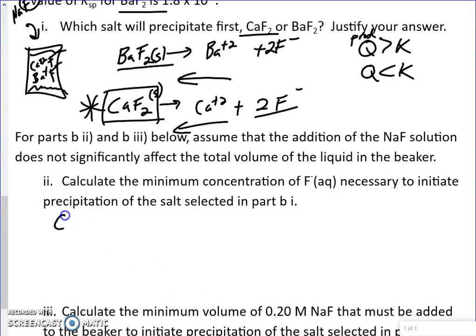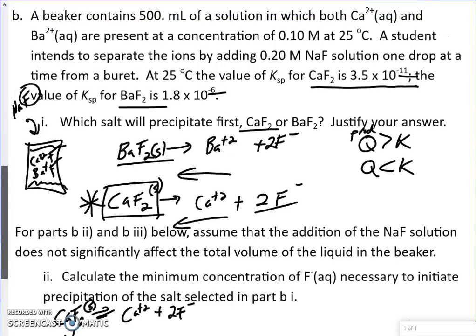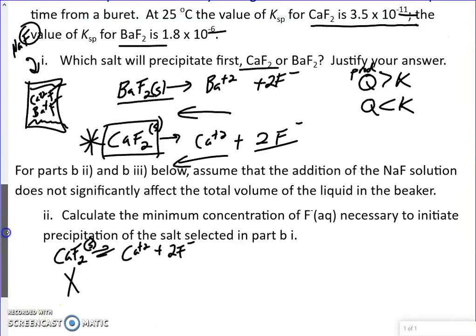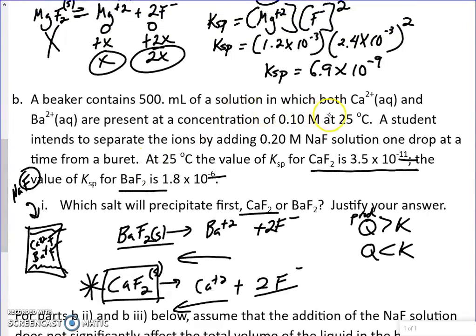So let's look at that. We have CaF2 forming calcium ions and 2 fluorine ions. And we're going to work through an ICE table. We don't care about the calcium fluoride. Again, it's a solid. And we don't have 0 calcium. If you remember back to looking at the original solution, if you go back up here, we already have some calcium in solution as we're adding the sodium fluoride.